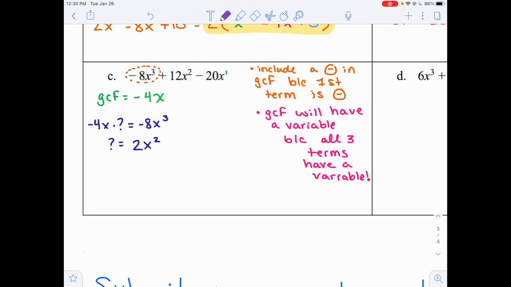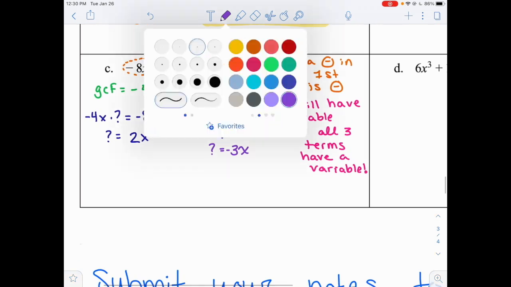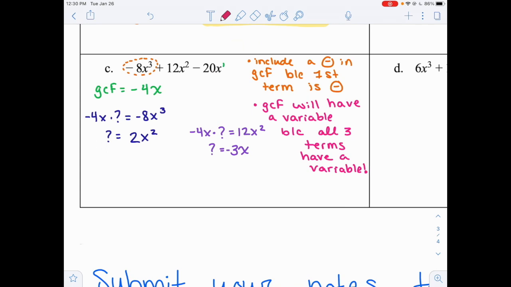Then I need to figure out negative 4x times something equals 12x squared. So to make x squared, I know I'm going to need just an x, and then to make negative 4 a positive 12, I multiply it by negative 3. So negative 3x. And then last, we have negative 4x times something is negative 20x.